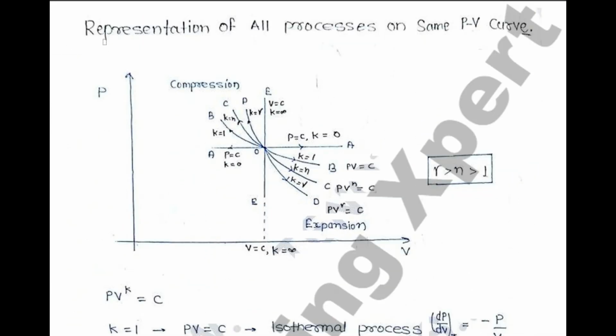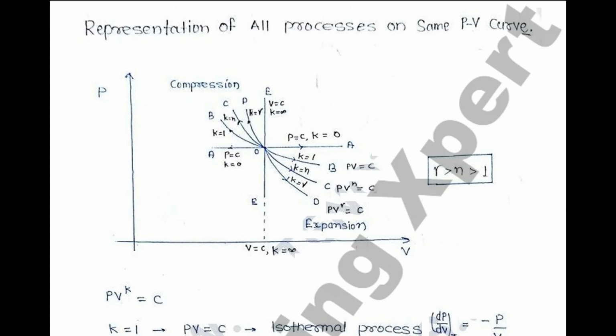So this is the representation of the process. As I gave you a hint just now, the polytropic process lies between the isothermal and isentropic process.